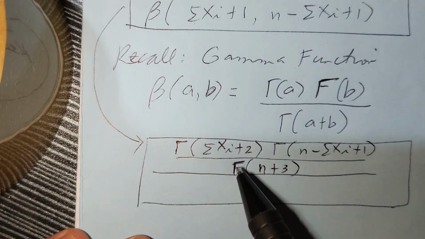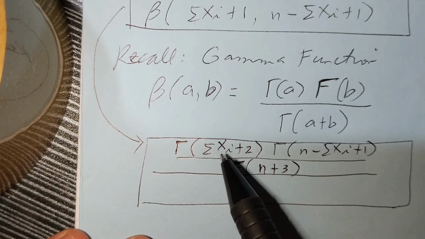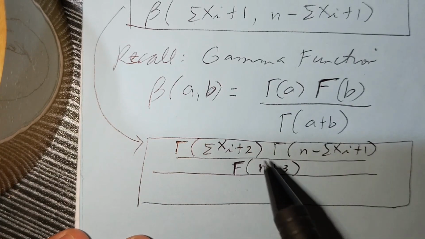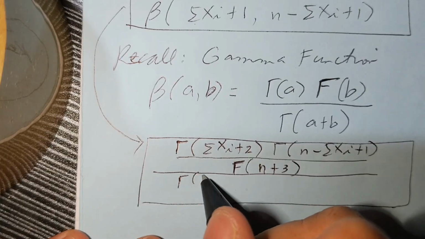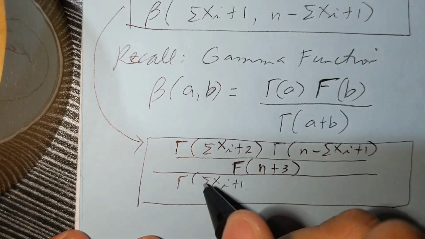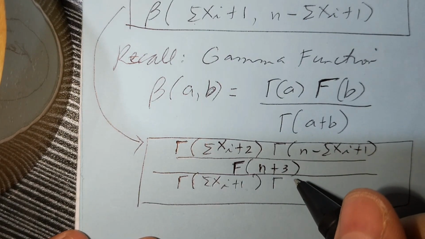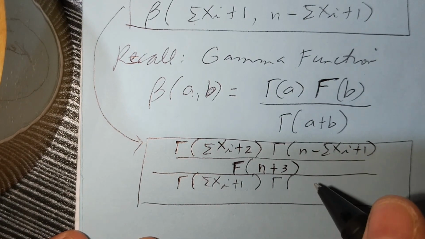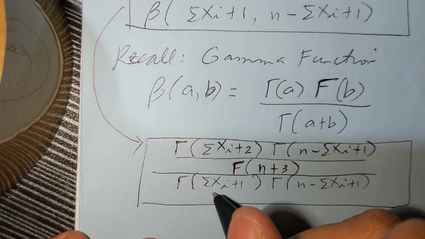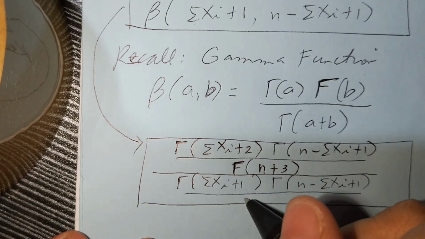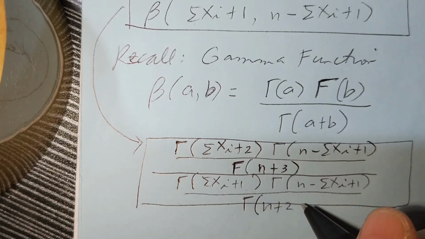Bakit naging n plus 3? We have here n minus summation of x sub i plus summation of x sub i, that is cancelled out. Then plus 1 plus 2, that's why we have there. And for your denominator, we have the gamma of summation of x sub i plus 1, times the gamma function with the value n minus summation of x sub i plus 1, all over the gamma of, when you add this, 2, this is n plus 2. Yan.